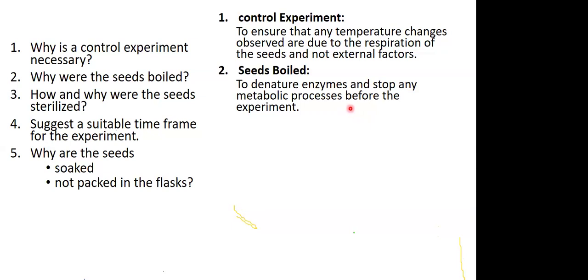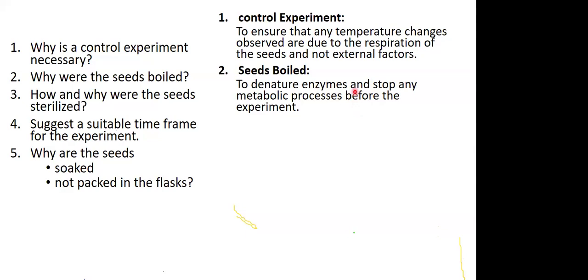And so we expect the dead seeds not to produce heat since they are dead, because dead things don't respire, and so they don't generate heat. And then we expect the live seeds to generate heat from the process of respiration, because we know that living things respire.